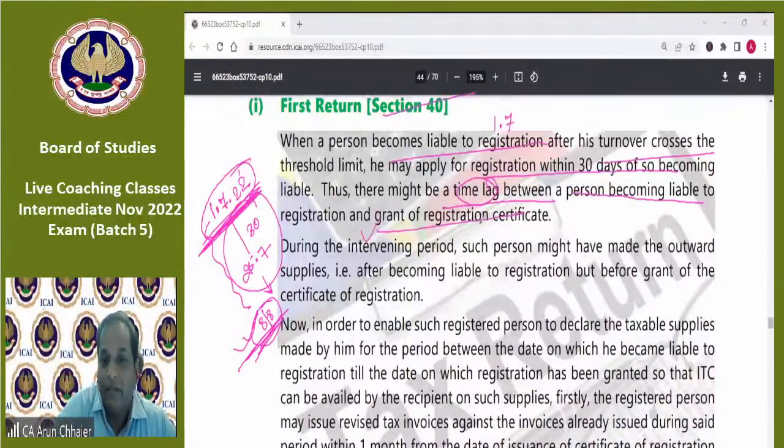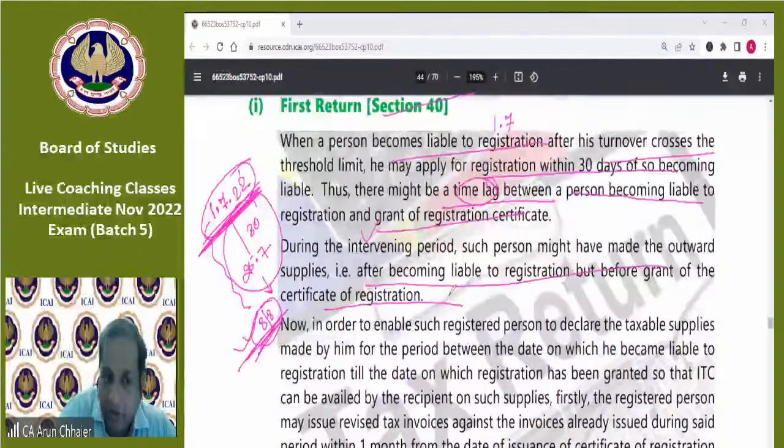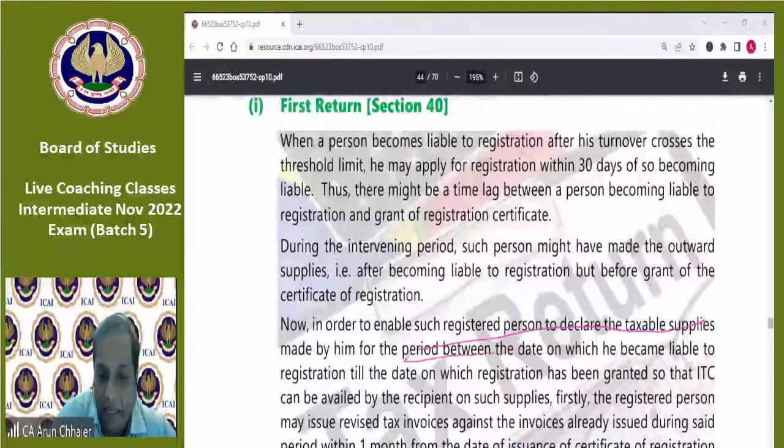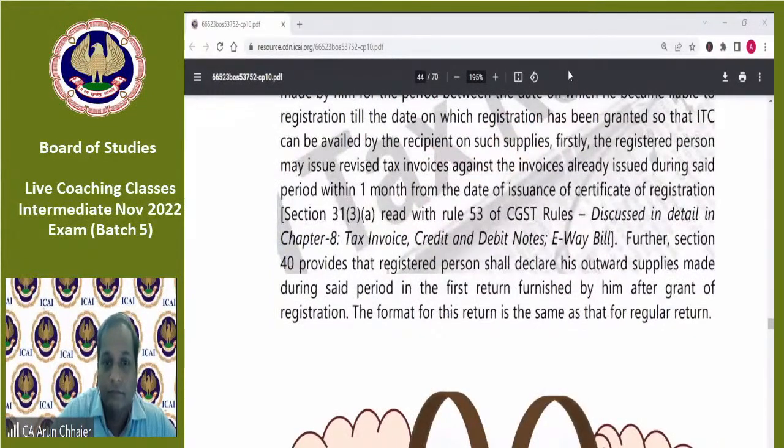During the intervening period, such a person might have made outward supplies before grant of the certificate of registration, which is obviously possible. Now, in order to enable such registered person to declare the supplies made by him for the period between these dates, so that ITC can be available to the recipient on such supply, firstly, the registered person issues the revised tax invoice.